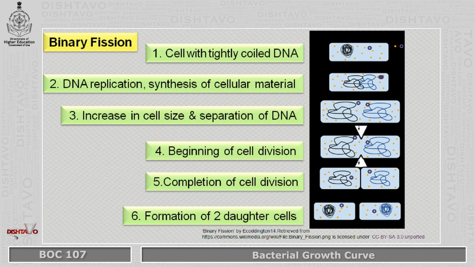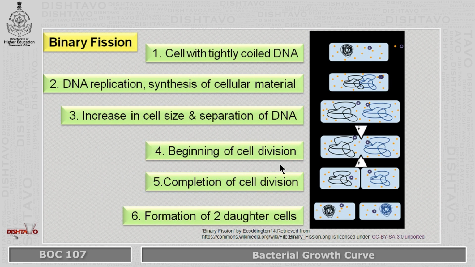Initially, the cell shows a tightly coiled DNA inside the cell. In the second step, the DNA replicates. Similarly, there is synthesis of cellular material taking place inside the cell. In the next step, the cell increases in cell size and there is separation of the replicated DNA.